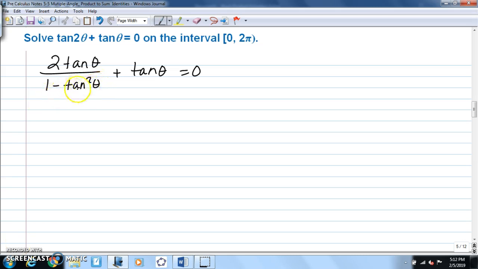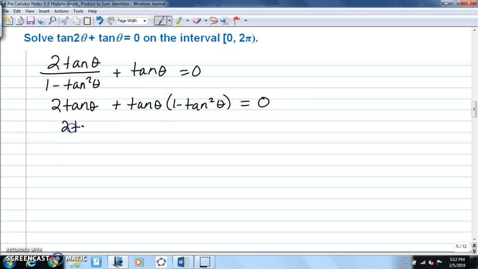So if we multiply both sides of your equation by that, this is going to be 2 tangent of theta. I have to multiply this by it also, so I have plus tangent of theta times the 1 minus tangent squared of theta. And if I multiply this side by 0, it's 0. So this is what I have. And we really only need our numerator anyway, even if we got a common denominator, to be equal to 0, because we can't have 0 in a denominator.